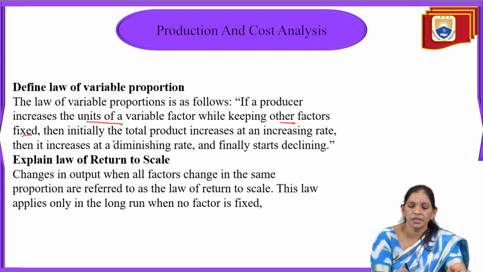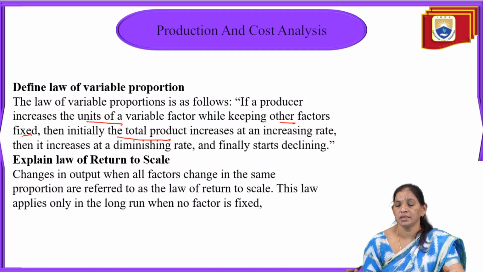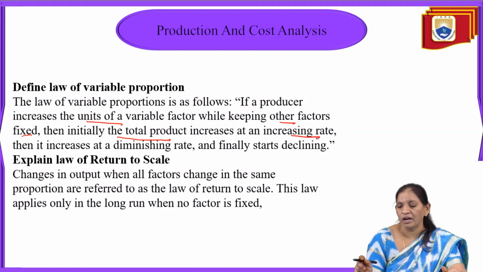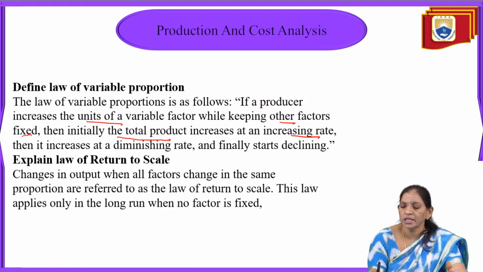So initially, the total production increases at an increasing rate. Due to the effect of this law, one factor is increased and other factors are constant. At the first stage, the total production increases at an increasing rate.